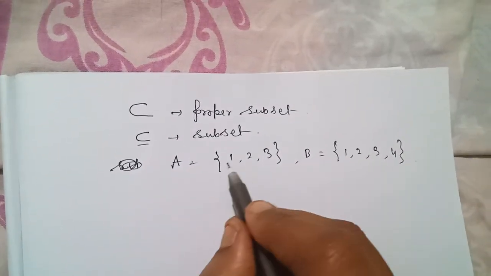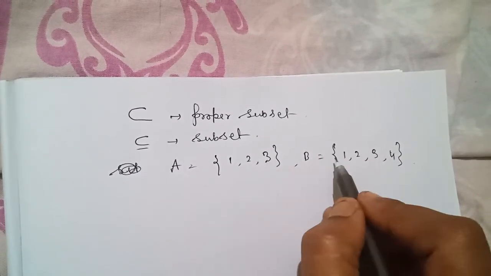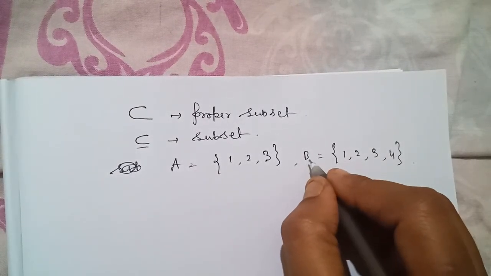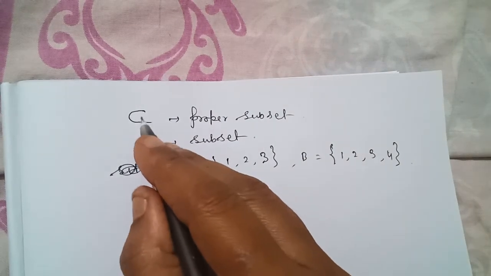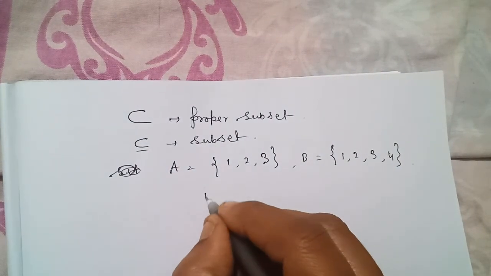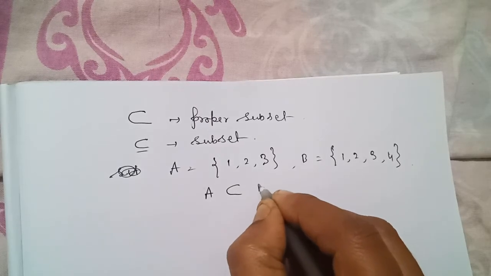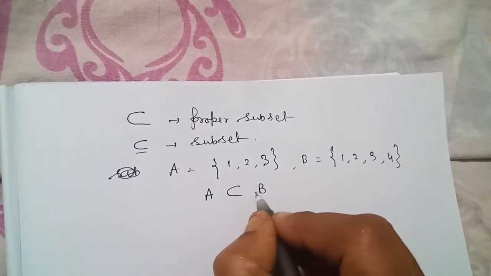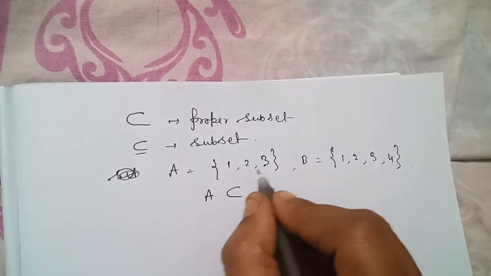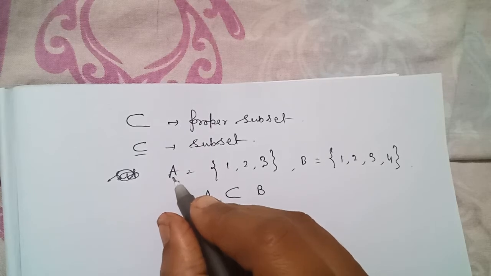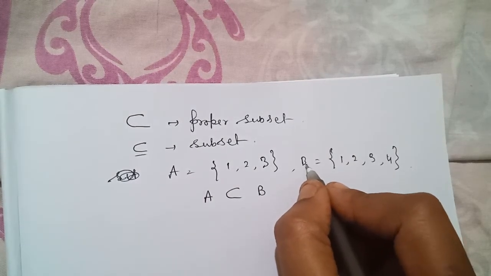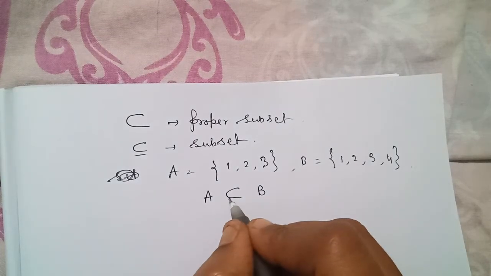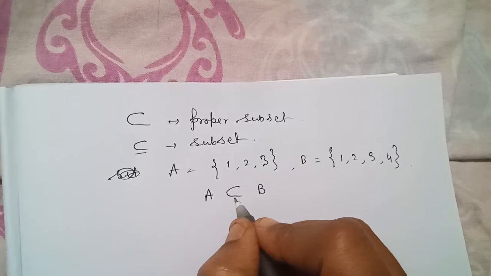Then you can see that all elements of A are elements of B also. B is the bigger set, so this open portion will be towards B. That means A is a subset of B. A is the smaller set here. As the number of elements in A and B are not the same, and B is the bigger one, that's why we are using the proper subset sign.